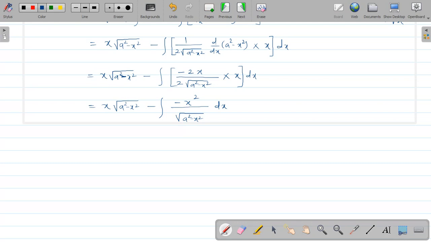So in this case, you remember always that whenever the degree of the numerator is same as degree of the denominator, then we have to follow the method that we have to express the numerator in terms of denominator. Always remember.